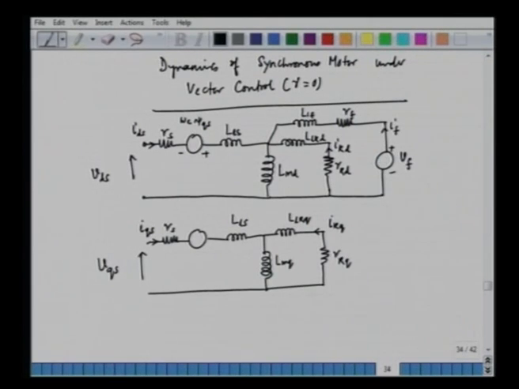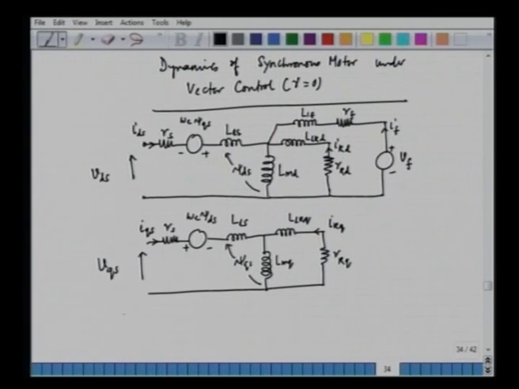Now here we can derive the expression for the torque. This is psi ds, the flux linkage in the stator D axis, and the back EMF in the Q axis is omega e into psi ds. This flux linkage is psi qs, the flux linkage in the Q axis stator, which is associated with the magnetizing inductance and the leakage inductance of the Q axis.